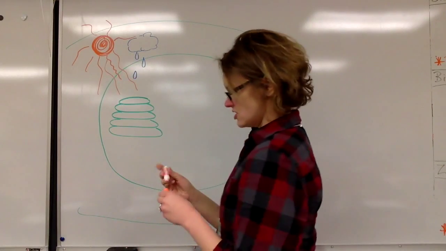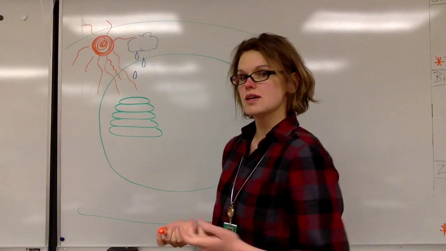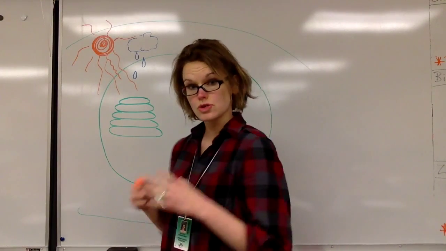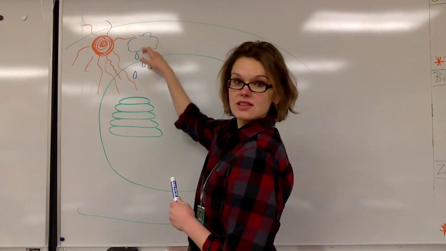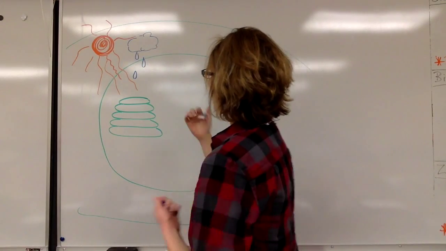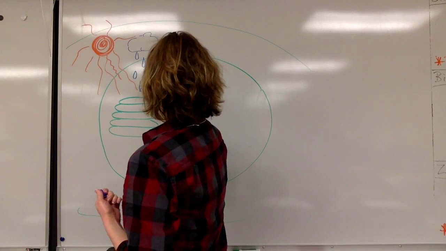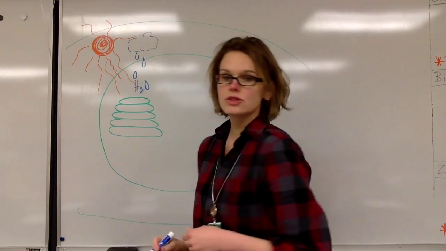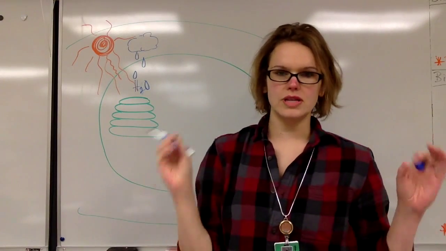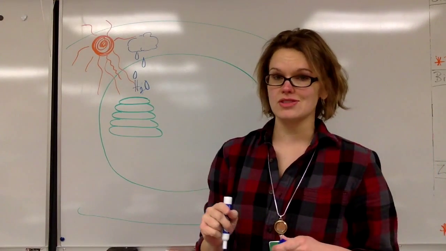Now there's a bunch of reactions that actually occur, but what you need to know is that these reactions are going to split water. And so the water that's coming in here, if you can see the little rain cloud and the little raindrops, keep in mind this is H2O. To make water, you need 2 hydrogens and 1 oxygen.